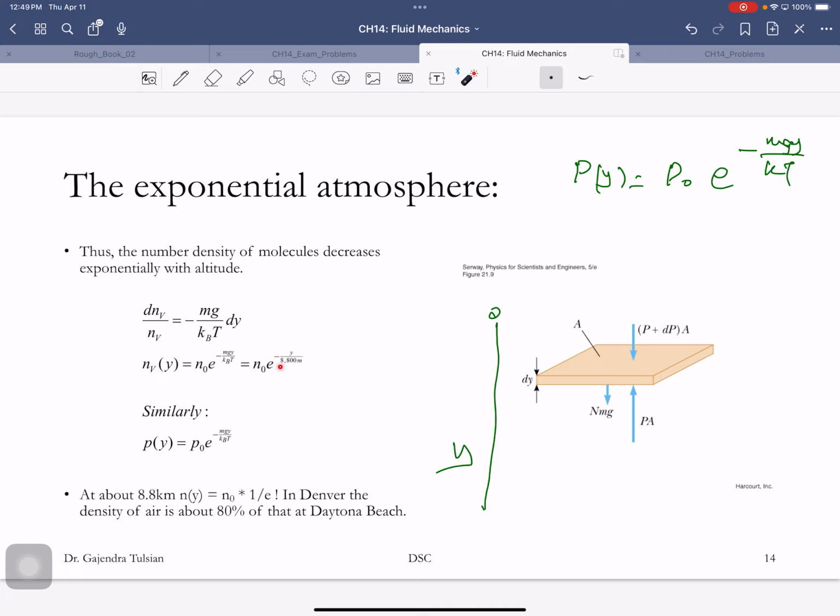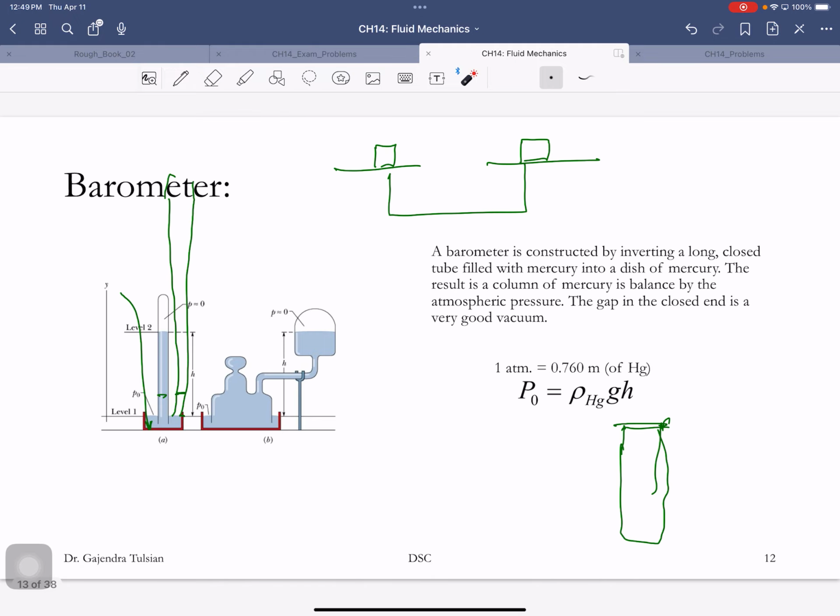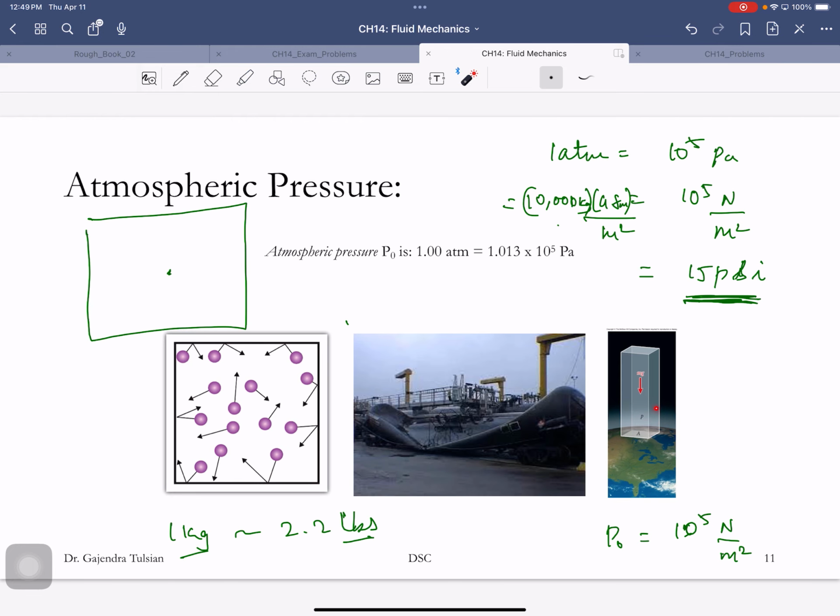So what this formula is saying is, if you go about 9 kilometers up, this becomes 1 over e, and the density is about 35% of the ground density. So the density of air 9 kilometers up is 35% that of ground density. That is the height of Mount Everest.